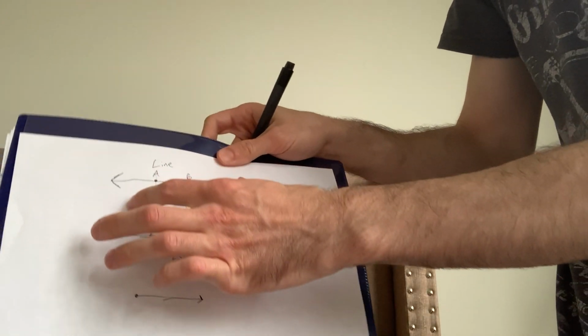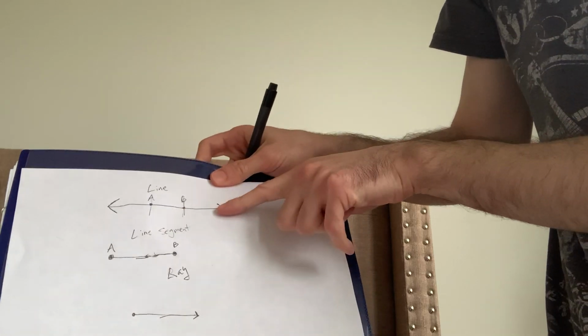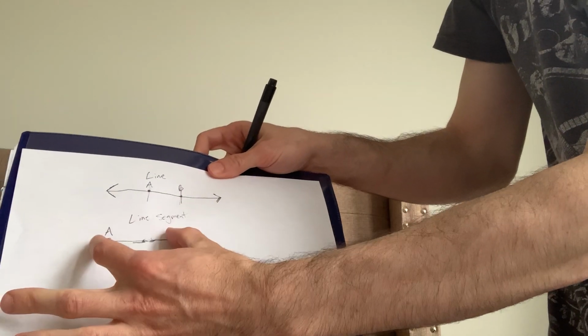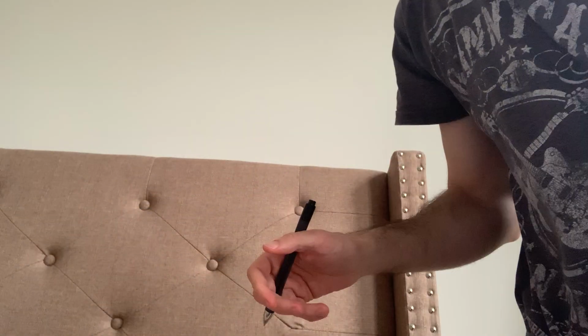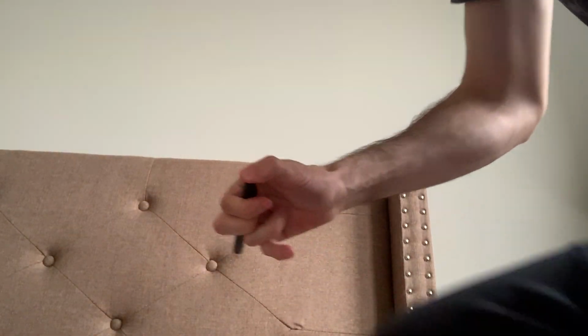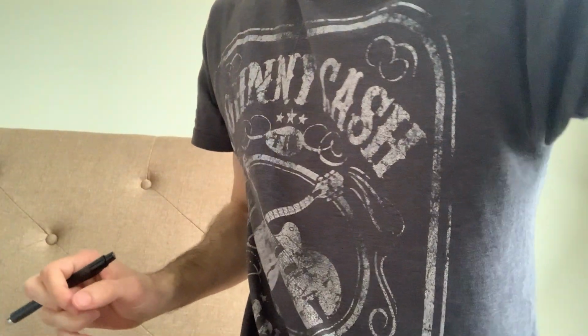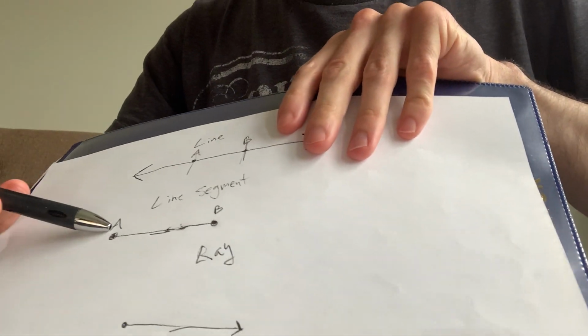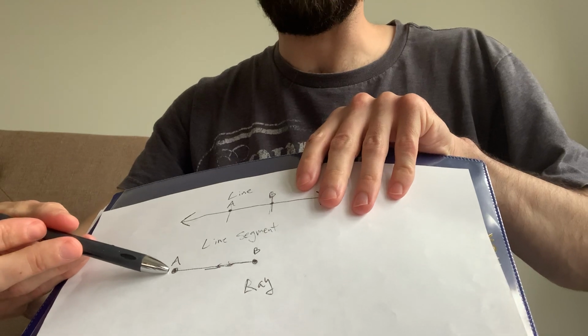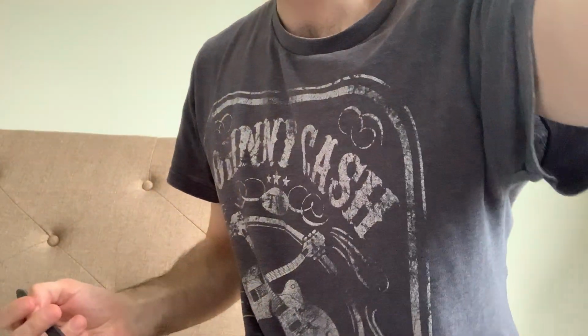Remember, a line goes on forever. It doesn't end. Line segments do end, okay? So that's the difference between that. And obviously these dots, as I call them, they're points. We call them points. So that should help you with page 177, okay?